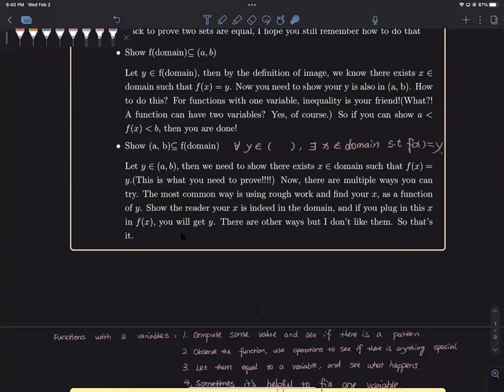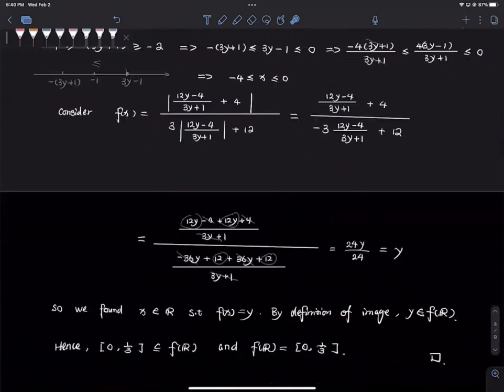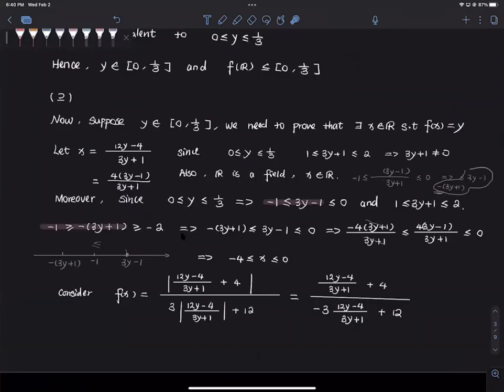And because my Y is picked arbitrarily, that works for all Y. I'm not picking Y to be a specific thing. It can be any number between 0 and 1/3. I didn't pick a specific number. I'm just saying it could be any number in between. So it's for all Y, an arbitrary Y.